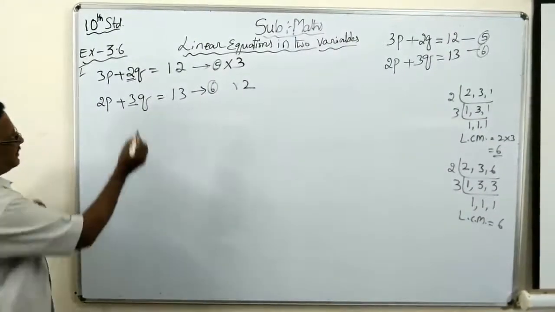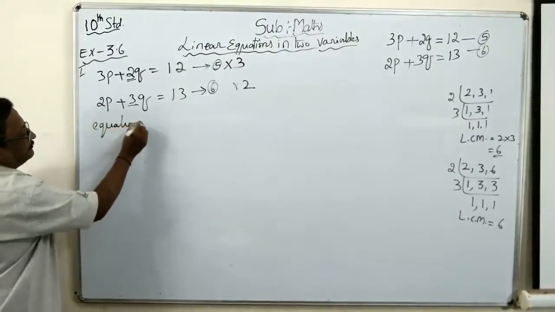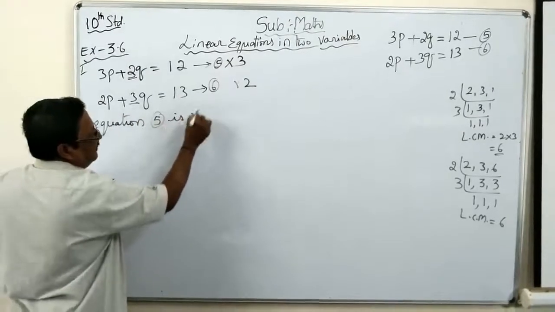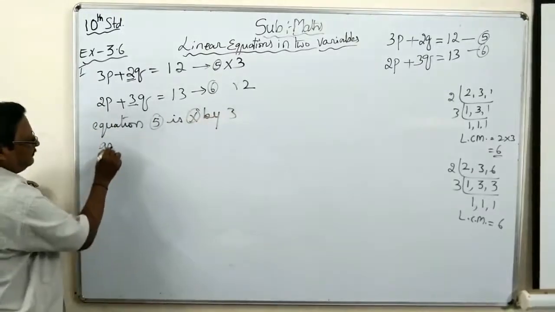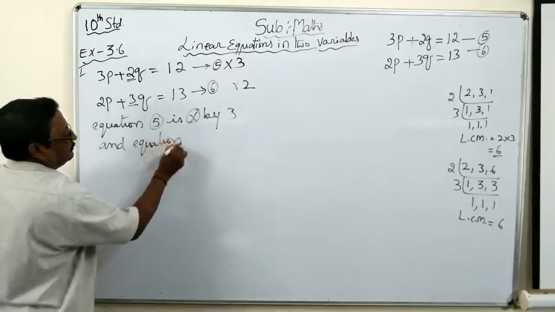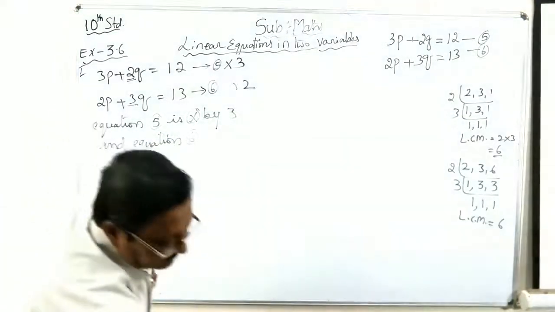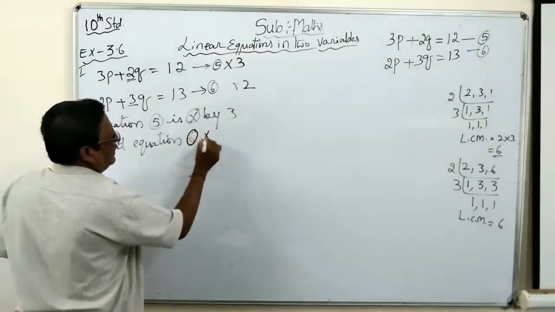See, multiplied by equations: equation 5 is multiplied by 3 and equation 6 is multiplied by 2.